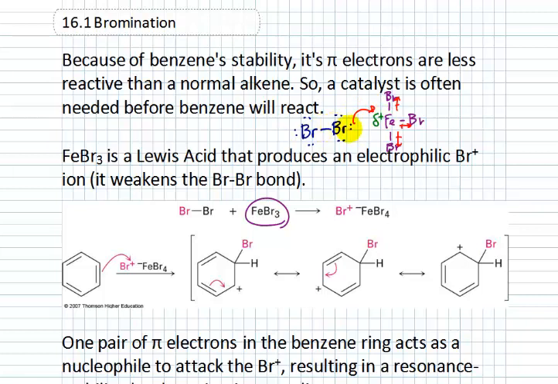So just as the bromine-iron bond becomes stronger, the Br-Br bond becomes weaker. And as a result, that gives this bromine on the end a growing partial positive charge, because it's losing some of its electrons that were in that covalent bond. They're headed over towards that bromine there.